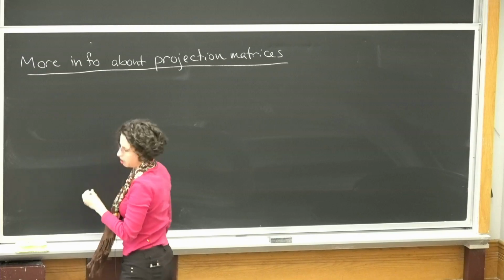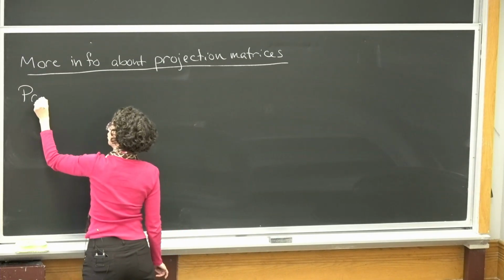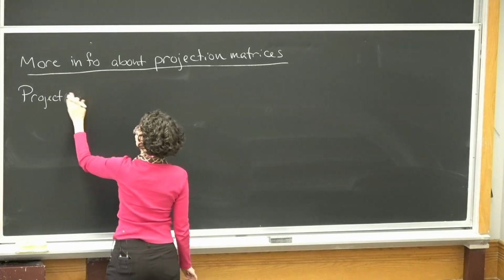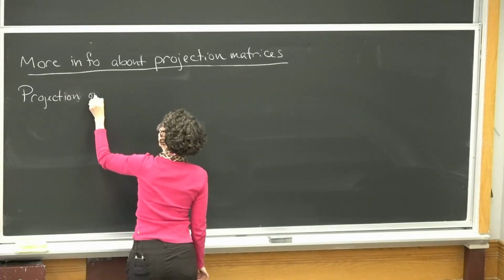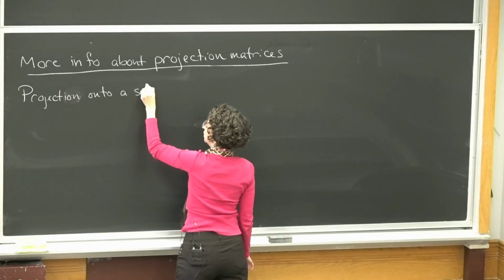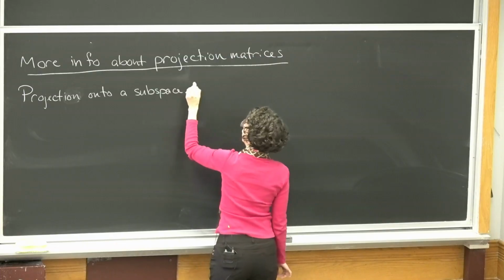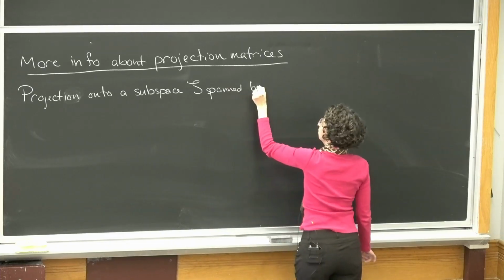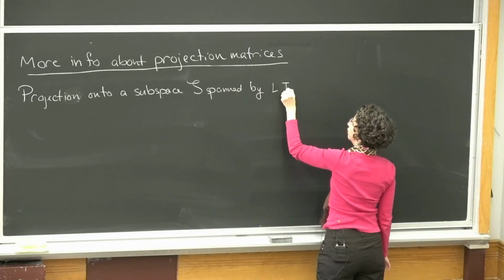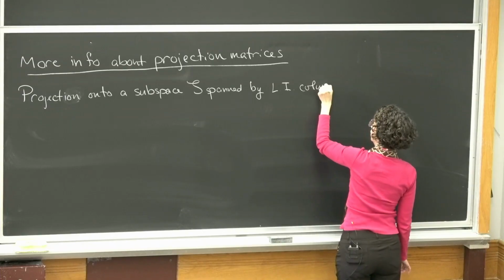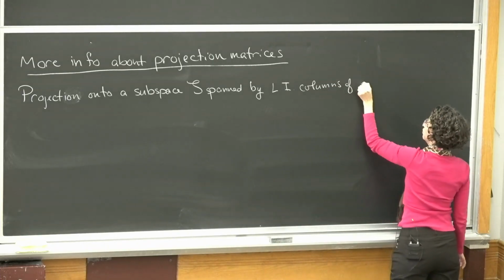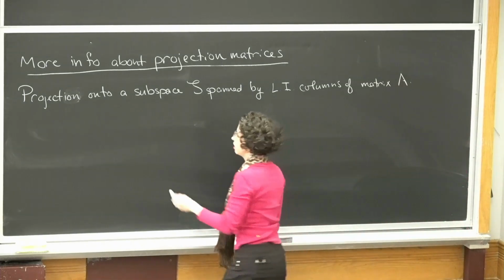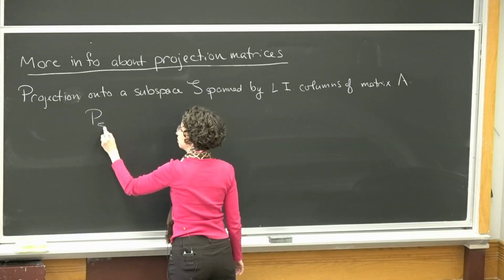So first of all, just recall from previous lectures that if we wanted to talk about the projection onto a subspace S that's spanned by the linearly independent columns of a matrix A, then we can write the projection matrix as P_S.